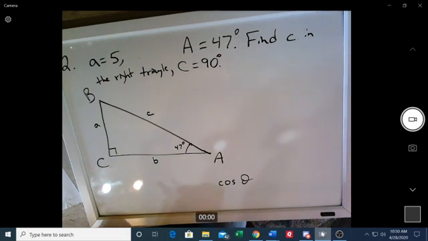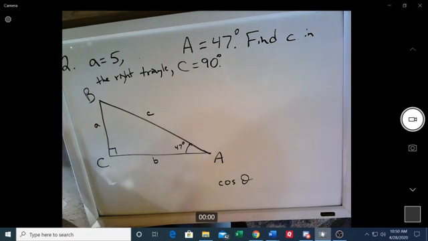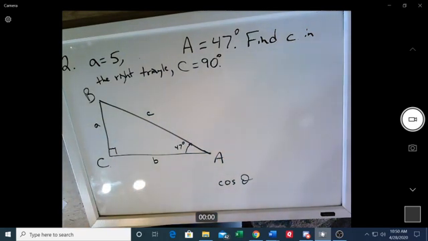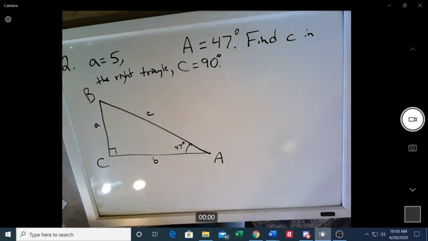And suppose you don't know little b. Okay, 30 seconds more.